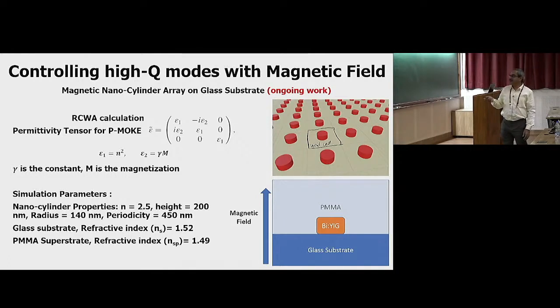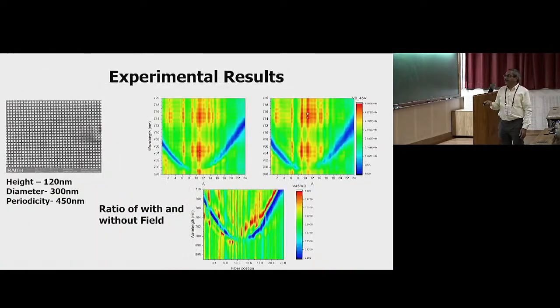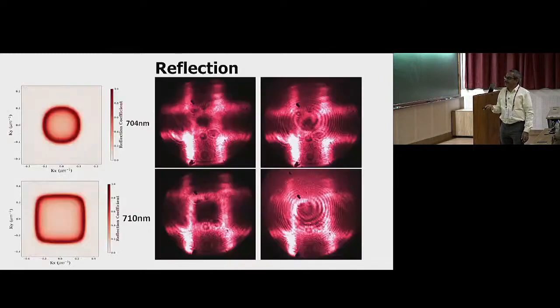The disks are made of this ferromagnetic material, and we designed these structures and simulated with and without magnetic fields and saw how close we can go. These are preliminary experimental results which show that we can actually go closer as we apply a magnetic field.